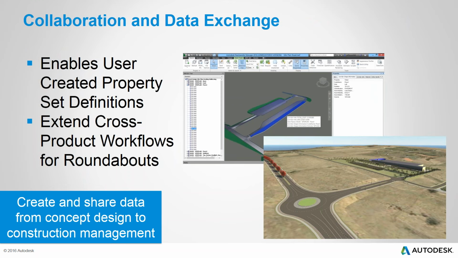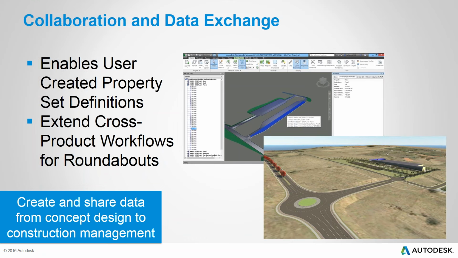The new property set utility can be used to add custom properties to any drawing object, including Civil 3D objects. Property set data can be leveraged in other downstream applications in the design workflow, including Navisworks, BIM 360 Glue and more. AutoCAD Civil 3D 2017 and Autodesk InfraWorks 360 now share a common roundabouts model.